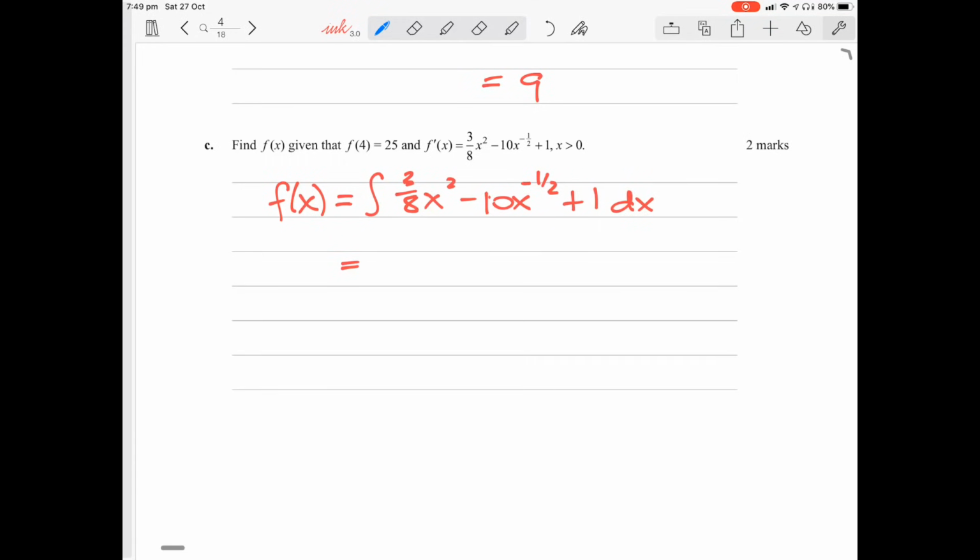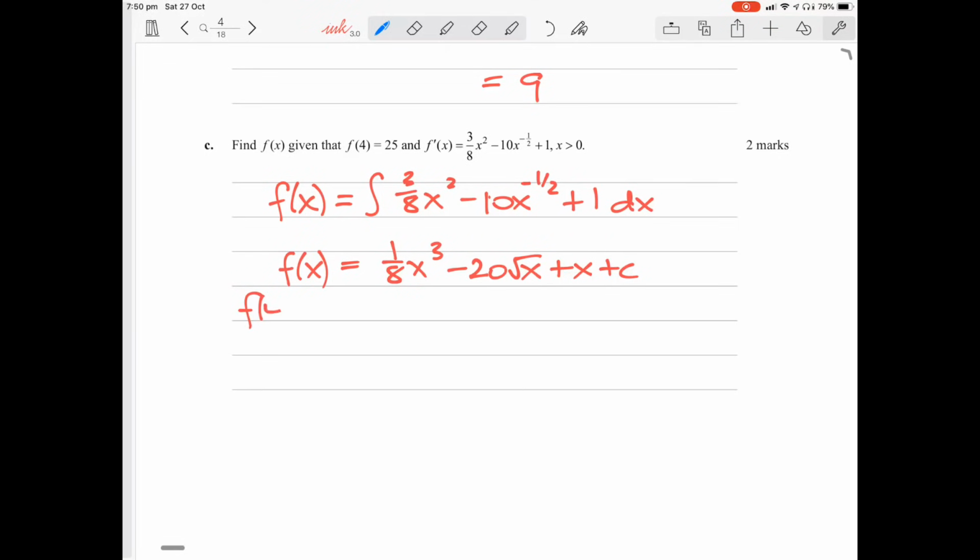When I integrate that, when I divide by 3, I'm going to get 3 on 3 times 8, which is just 1 on 8 x cubed. If I add 1 to the negative a half, I get a half. If I divide by a half, it's the same as timesing by 2. So I now get 20 root x, and then plus x plus c.